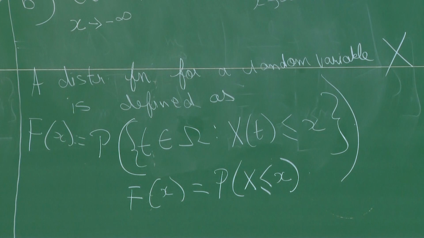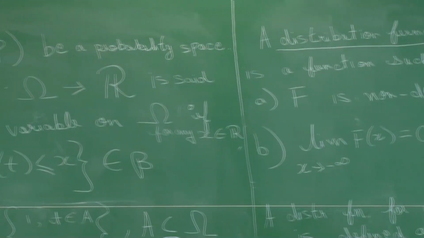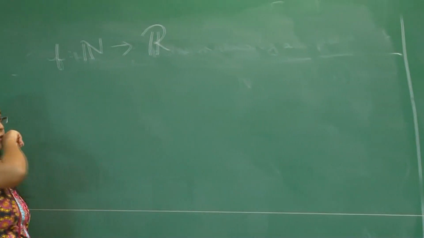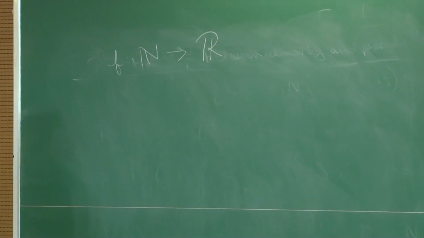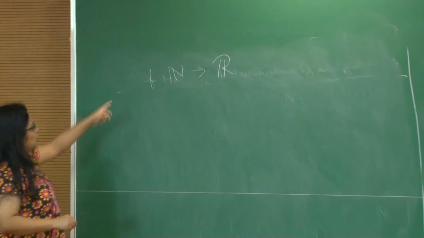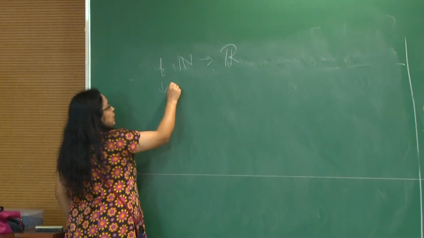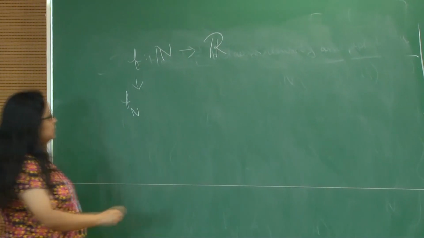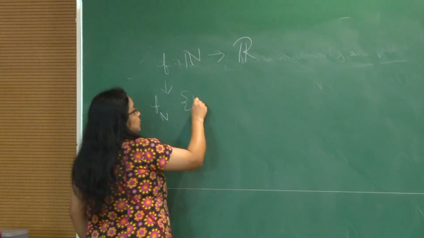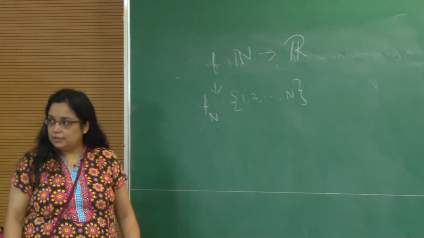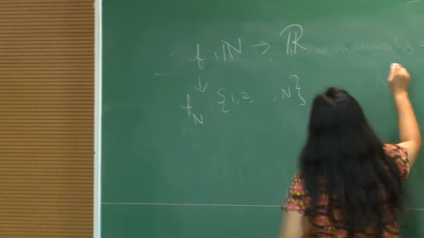So, now what we do is we take some arithmetic function. I am going to talk about real valued arithmetic functions. Now, what we do is we denote from f, we go down to the set function f sub N, which is defined on the set of the first capital N natural numbers.